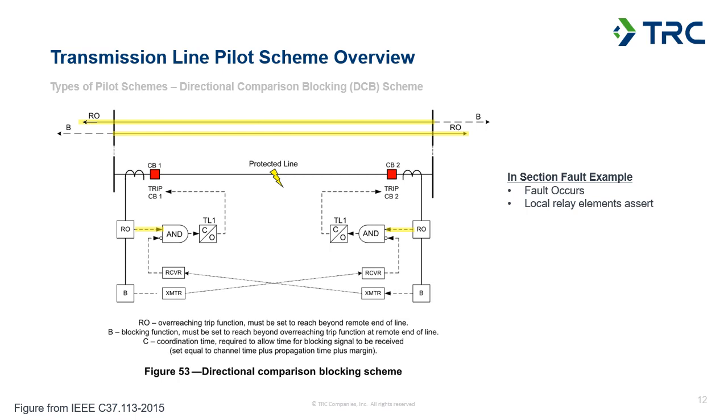And that's shown here, the zones highlighted, as well as the logic within the relay being highlighted as well. And you can see this is going into an AND gate with an inverted input based on the receipt of a block from the remote terminal.